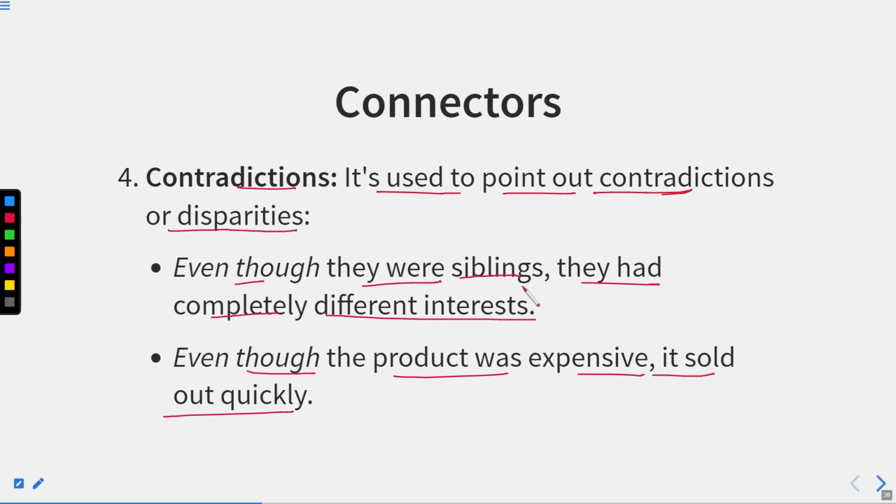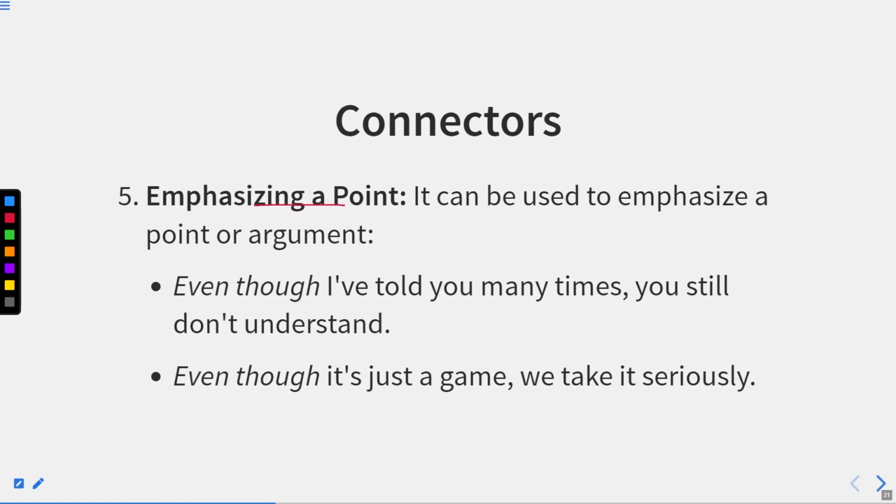Even though they were siblings, they had completely different interests. Emphasizing a point. It can be used to emphasize a point or argument. Even though I have told you many times, you still don't understand. So one thing in this statement, the prior statement, something has been emphasized, that even though I have told you many times.